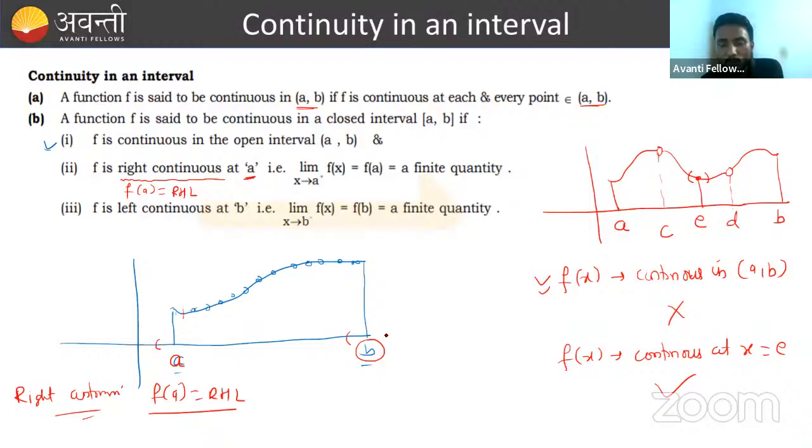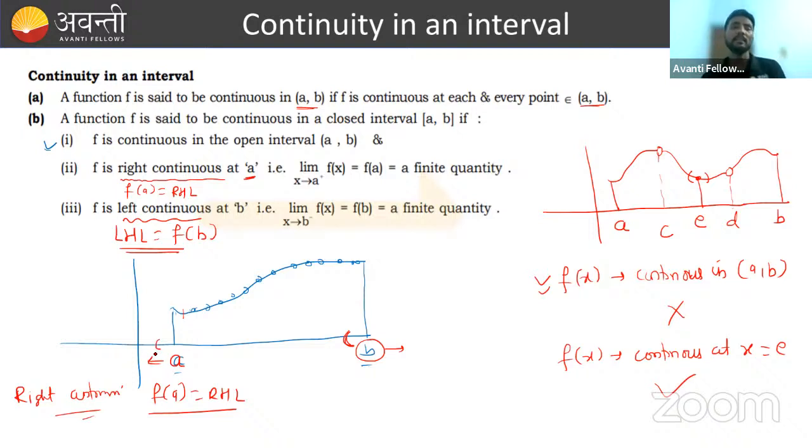Similarly, for B there is no RHL, but there is LHL. So we can say that LHL is equal to f of B. This is called left continuous because the left hand side is there and the right hand side is not. Because it is closed, we can't go beyond B and we can't go to this side of A, as it is bounded from A to B. So we just have to check the continuity at the boundary points.